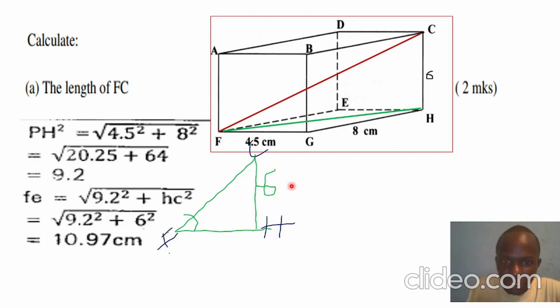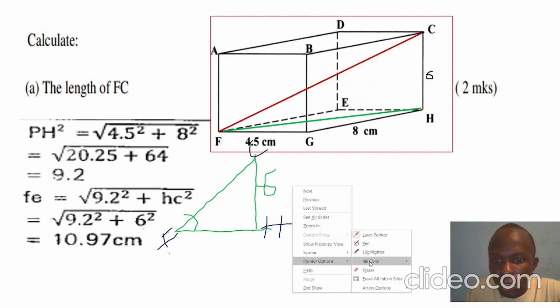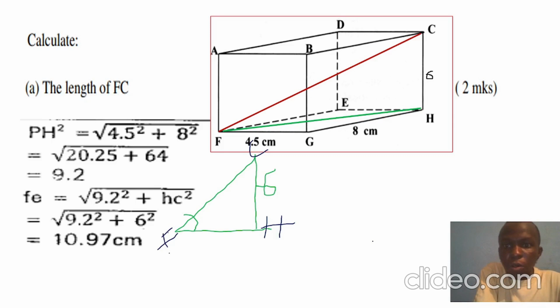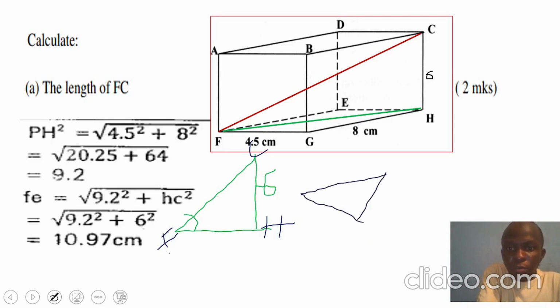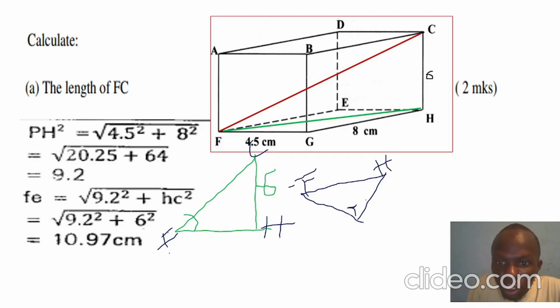So maybe we can extract another triangle of that form, so that this is the FH. This is the FH, and this is 8, while this is 4.5.